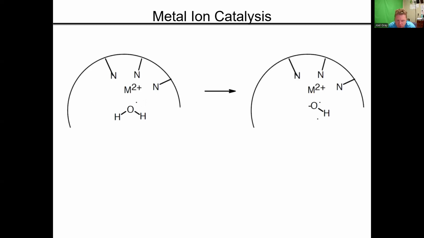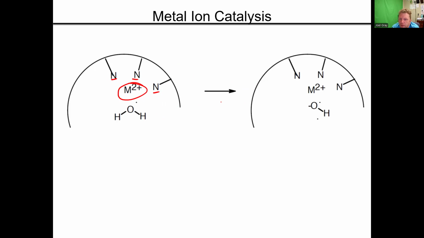So the first type of mechanism that we're going to look at is a metal ion catalyzed reaction. This is basically a model of an enzyme, which is going to have a divalent cation and then a water molecule.